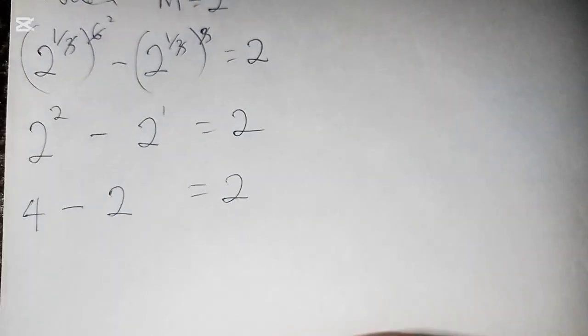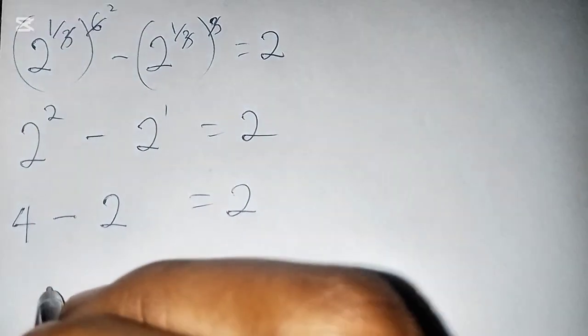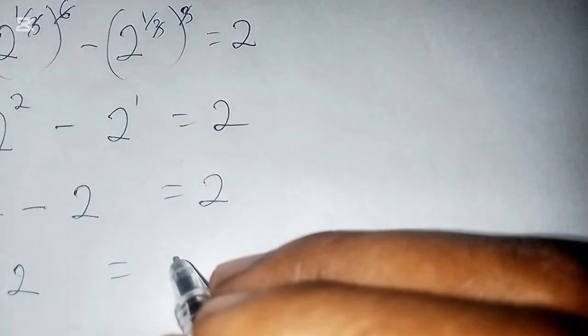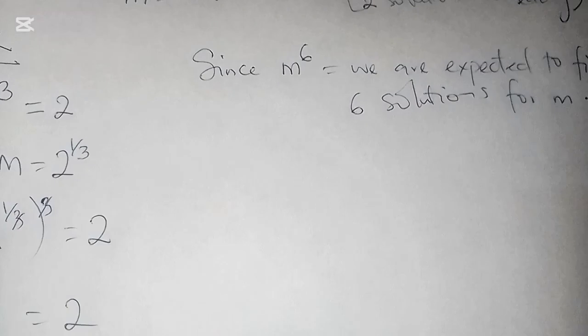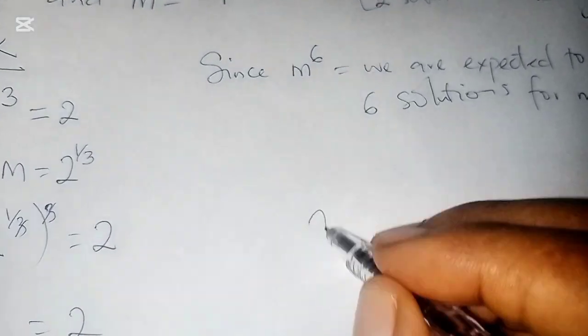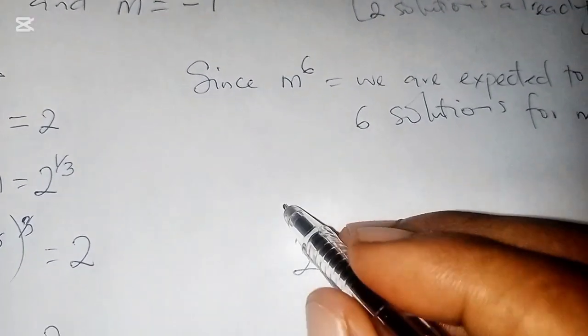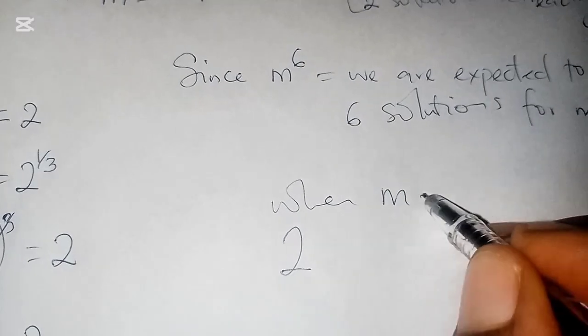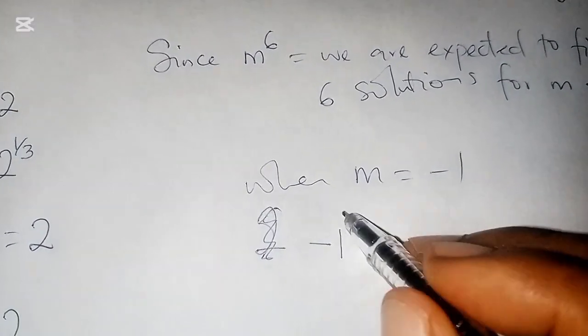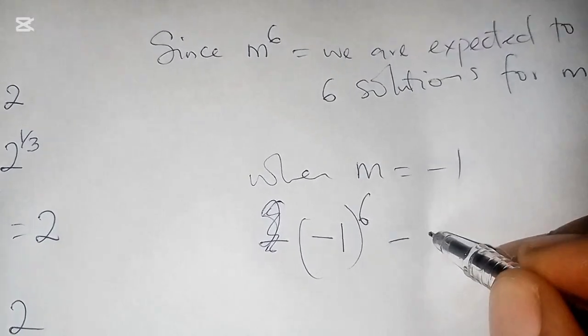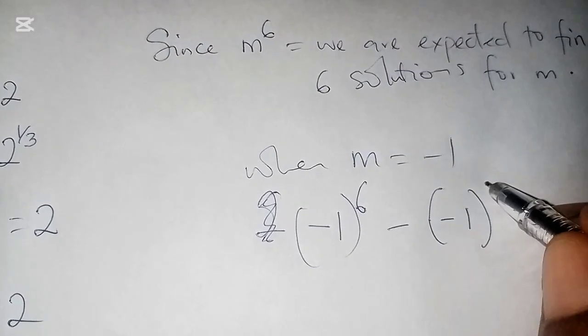And then we want to find out if it's going to be equal to 2. All right. So 4 minus 2 is equal to 2, equals 2. So perfect. It worked.